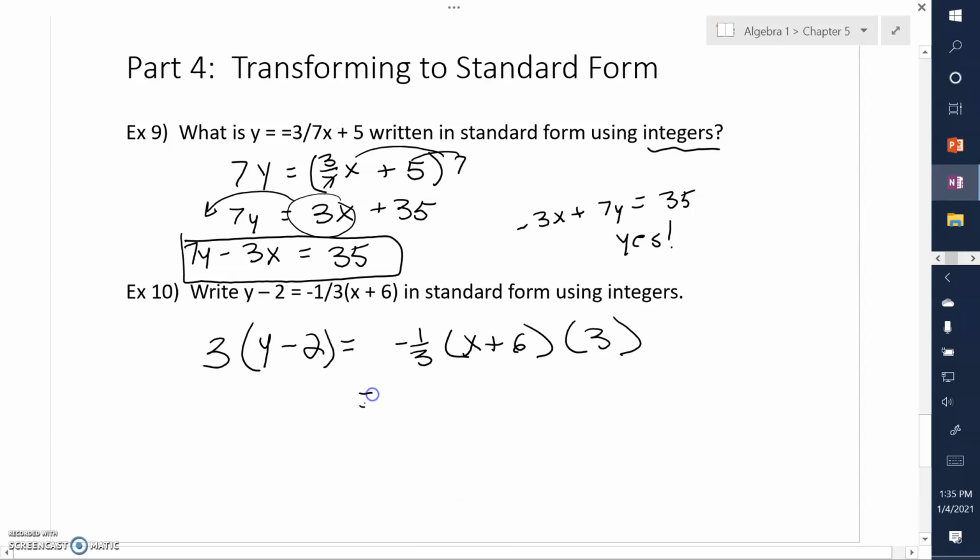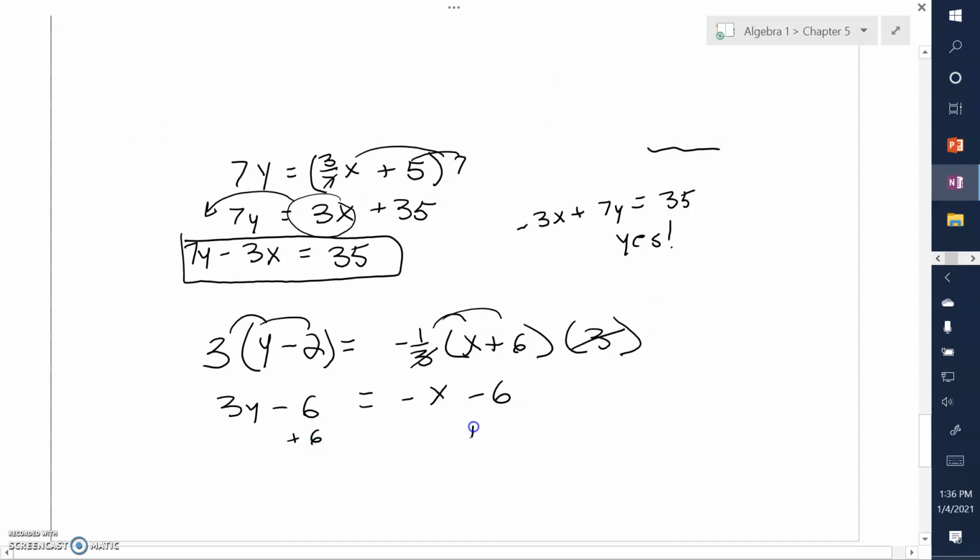So on the left, distribute your 3. You get 3y minus 6. And then on the right, check this out. My 1/3 cancels with the 3. So I'm left with a negative 1. And I'm going to distribute that negative 1. So I get a negative x minus 6. Now, first thing I notice is I see a negative 6 on both sides. So what happens if I add 6 to both sides?